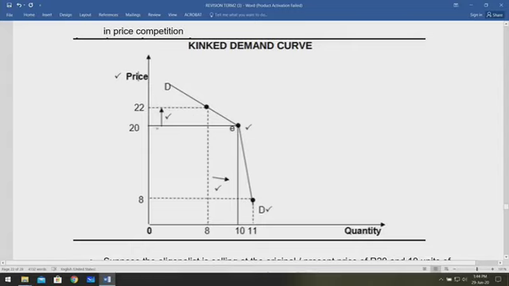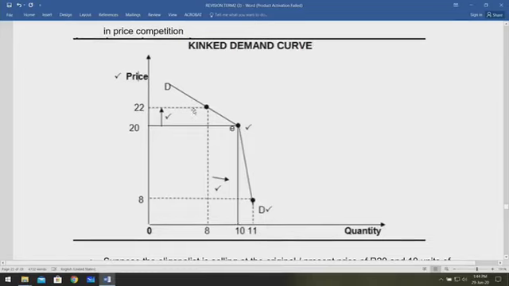So his revenue dropped because the quantity that he's selling is less. He's not selling 10 units at 22 Rand, so his revenue didn't go up to 220. It actually went down. So it's not worth his while to increase the price.